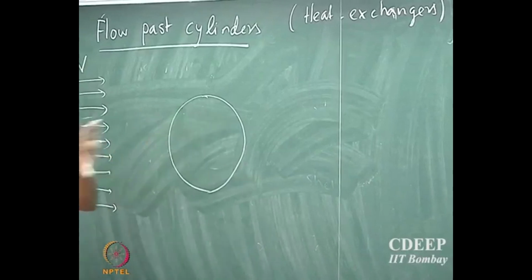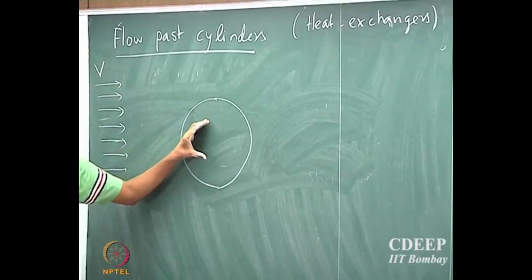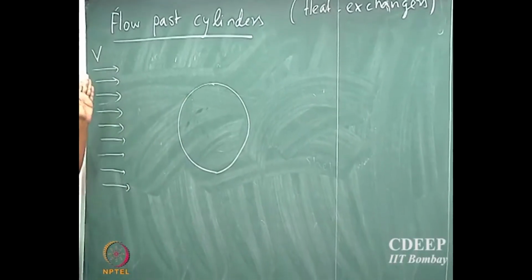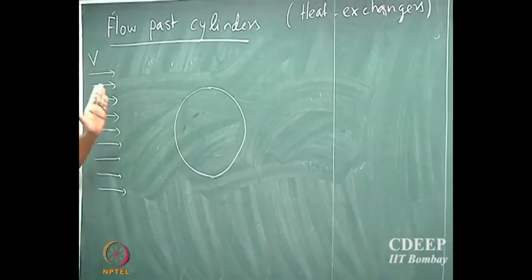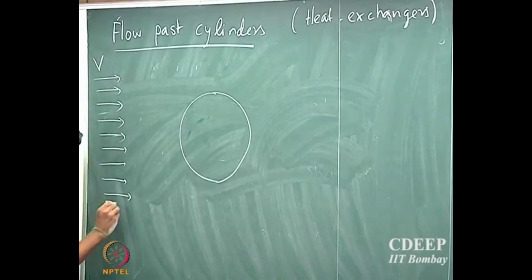So here's a cylinder which is actually going inside to outside of the board, and this is the cross section, and you have a fluid which is flowing at a certain upstream velocity, where V is the velocity which is very far away from the cylinder, okay. And let us assume that the temperature of the fluid is T infinity, okay.